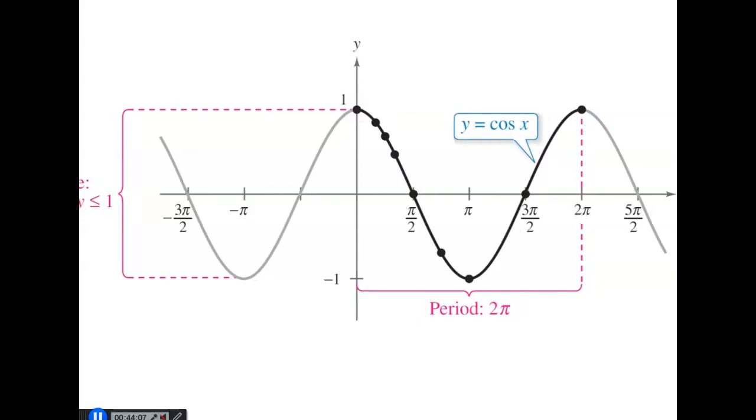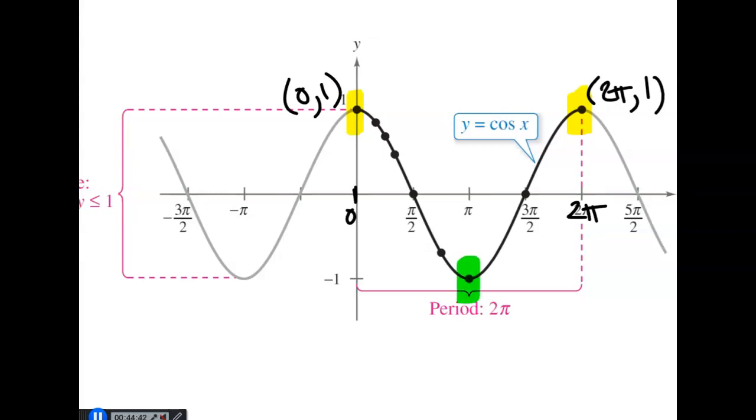You can start by locating your 2 maximums, and those will typically occur at 0 radians and at 2 pi radians. The maximum value is a positive 1, so we have 2 pi, 1, and 0, 1.